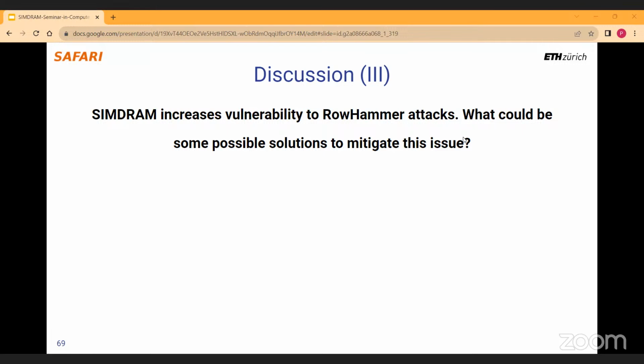Yeah, it could be, but it's not necessarily that the 3 rows involved in an Ambit or SIMDRAM operation are always disturbing the same victim row, right?